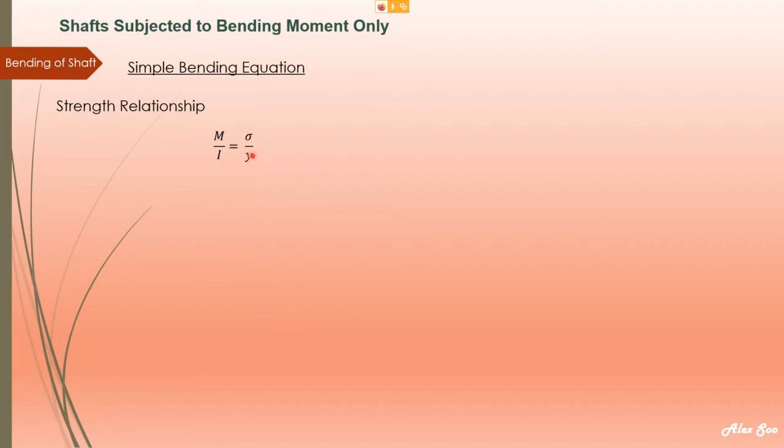So if we measure the vertical distance from the CG, or from the neutral axis, to the outermost layer, that means you've got top and bottom. That will give you the value of the bending stress if we know where the Y has to be taken, the Y from the center of the shaft.